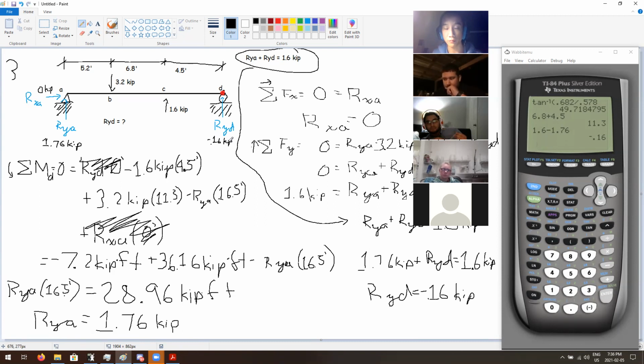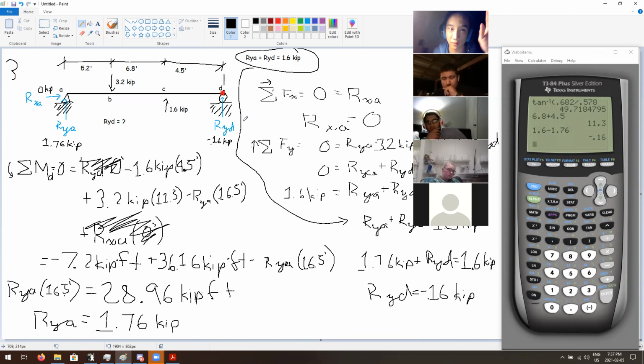It's a little weird. Let's think about it another way. Remember when we were taking the summations of all the forces in the y direction, how all the forces going up were positive and forces going down were negative. So this is a force going up that is negative, but it is the same thing as a force going down that is positive. And that's a little confusing.